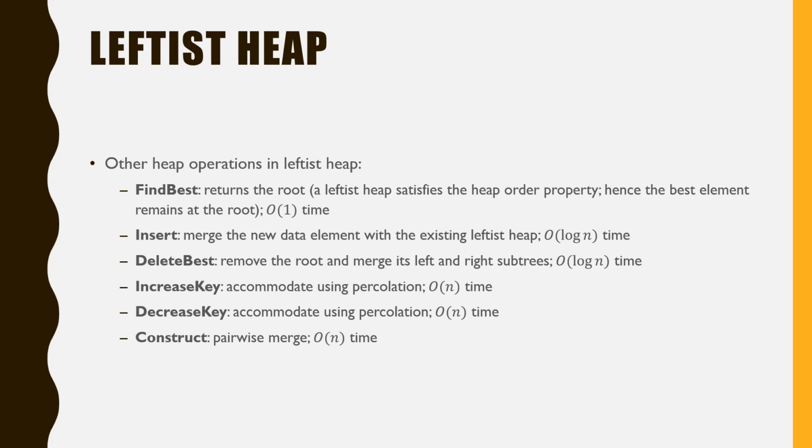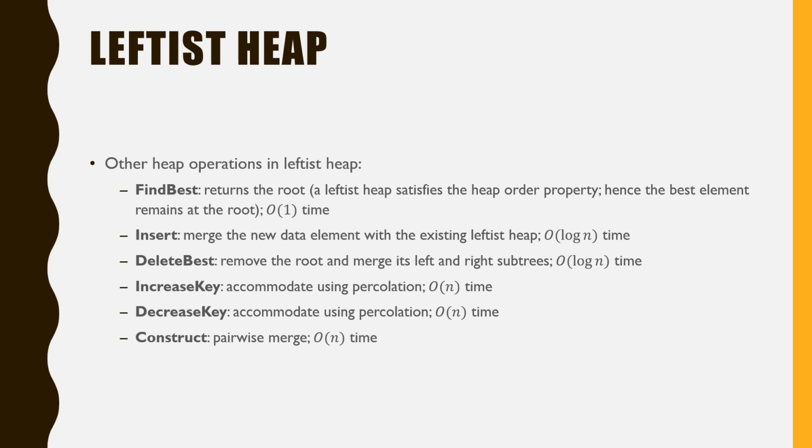Since the merge operation takes O(log n) time, the insert operation also runs in O(log n) time. To delete the best element from the leftist heap, we remove the root and then merge its left and right subtrees. As merge takes O(log n) time, delete best also runs in O(log n) time.